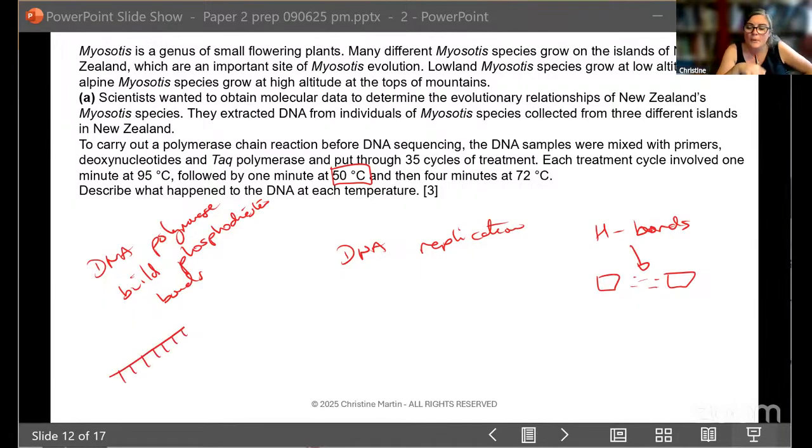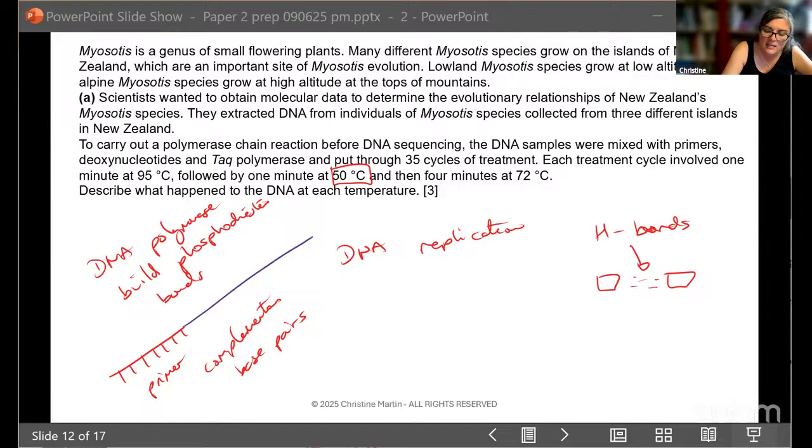So by dropping it down to 50 degrees C, you're allowing this primer to form complementary base pairs. And therefore, the DNA polymerase can then build from that primer at 72 degrees C. And so the DNA polymerase can build the new strands, and it does it over and over and over again.